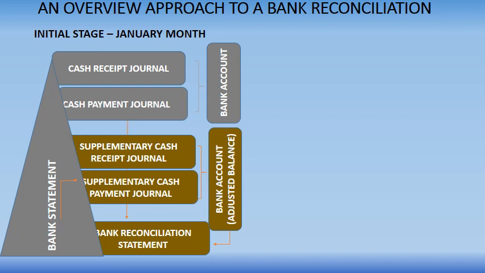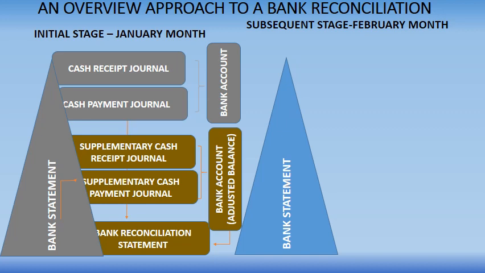In the subsequent month, when the statement for February is received, the bank statement will first be compared to the bank reconciliation of the previous month. Similar items will be ticked. Unticked items on the bank reconciliation statement of January will be marked with a circle.